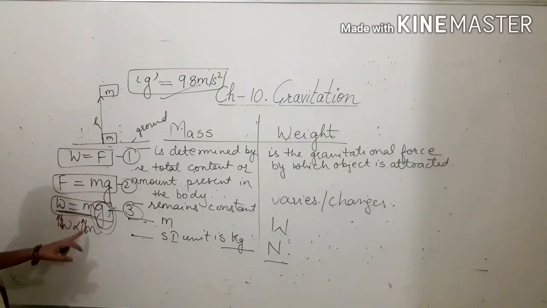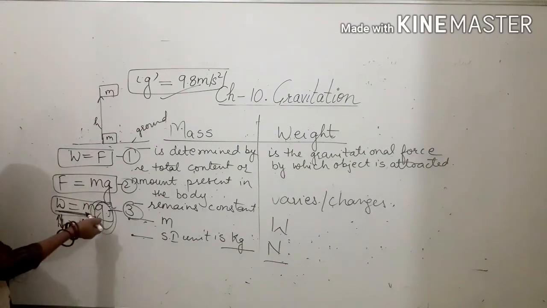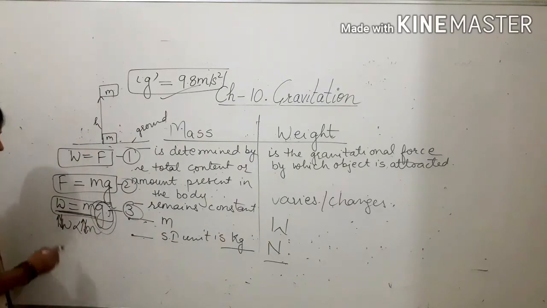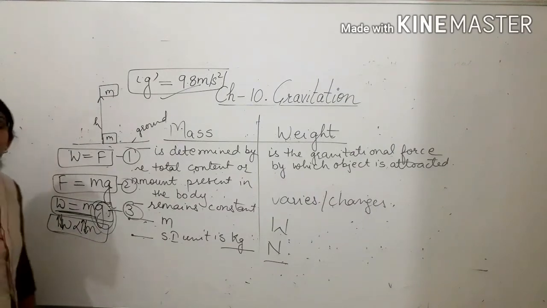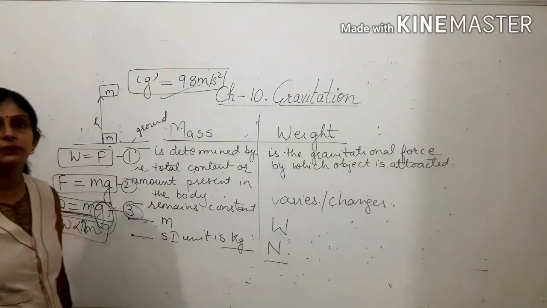And if mass is less, then it will multiply with the same constant value of g and result in less weight. Weight is directly proportional to the mass of the object.